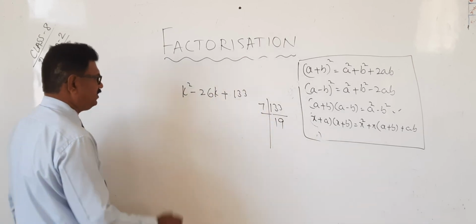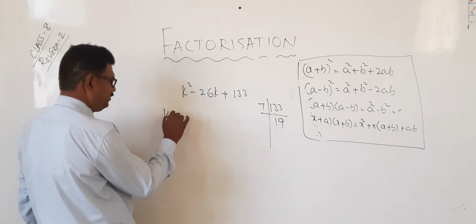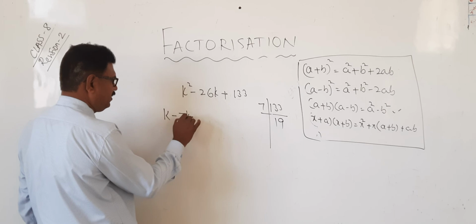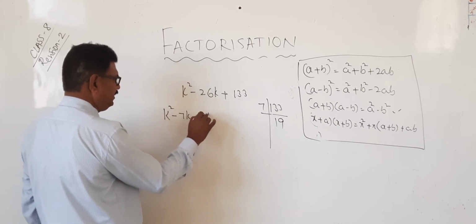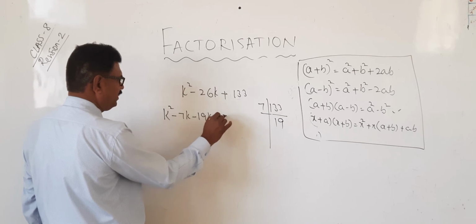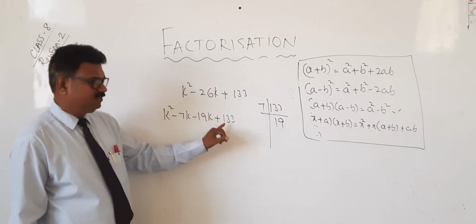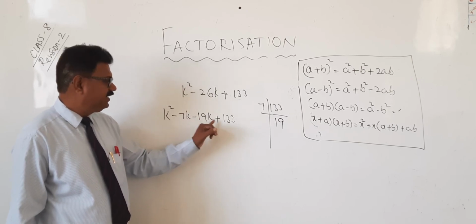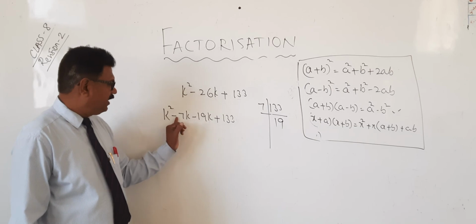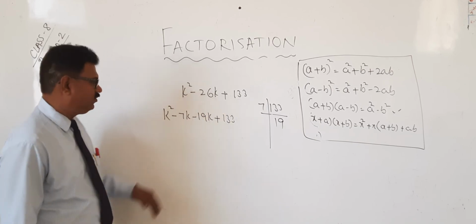That's all. Therefore, k square minus 7k minus 19k plus 133. Minus into minus plus. 7 into 19 is 133. Minus 7k minus 19k plus 133.